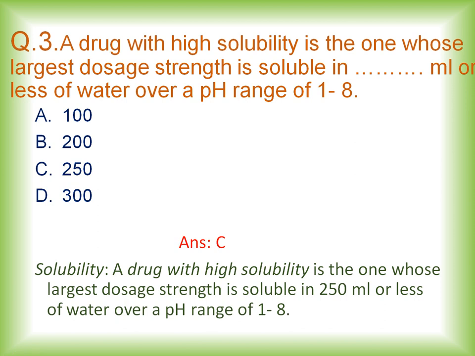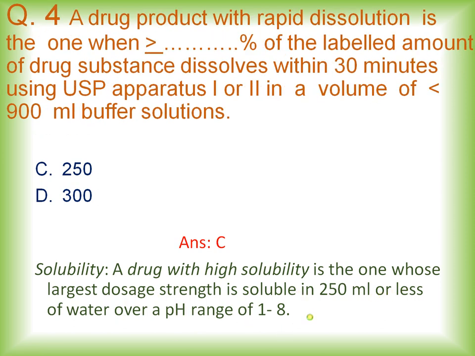Now, in the previous question we have seen there are 3 parameters on which the BCS classification is based, which are going to govern the bioavailability as well as the absorption. So the first parameter is solubility. A drug is said to have high solubility when its largest dosage strength is soluble in 250 ml or less of water over a pH range of 1 to 8.